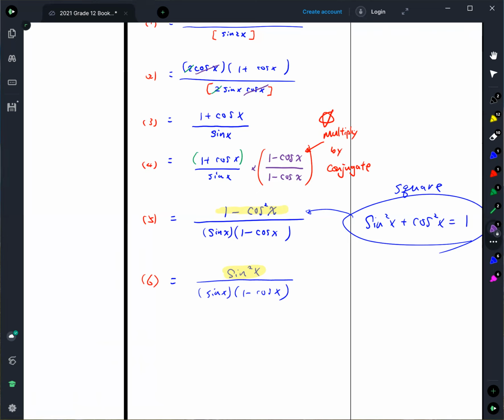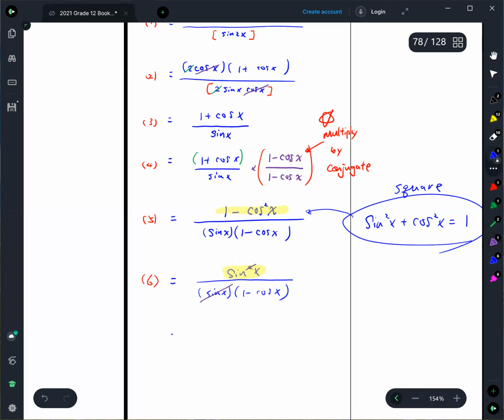Jocelyn, do you have any questions? Okay, so once you get here, that's our final step here. Sine x can cancel out with the square. So you have to write your conclusion. So you end up with sine x over 1 minus cosine x, which is the right hand side.